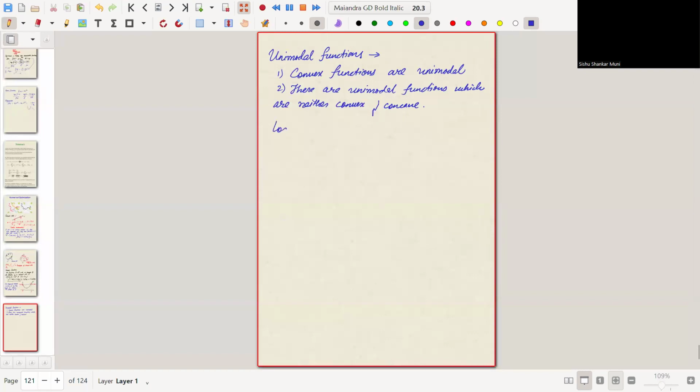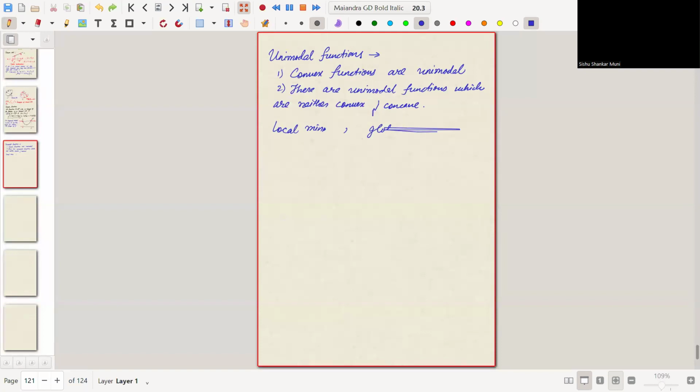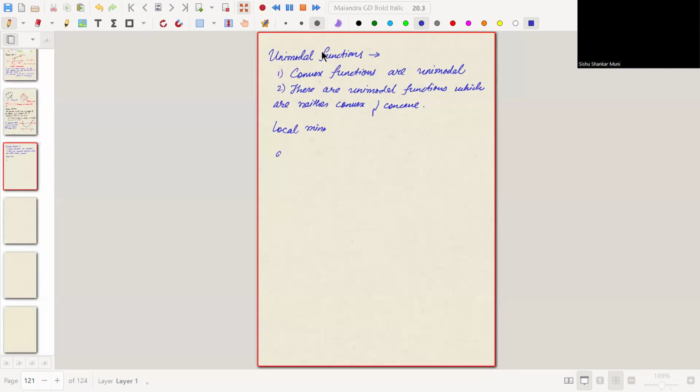You already know what a local minimum is. So the global minimum is the minimum of all. Yes, so that's the global minimum.